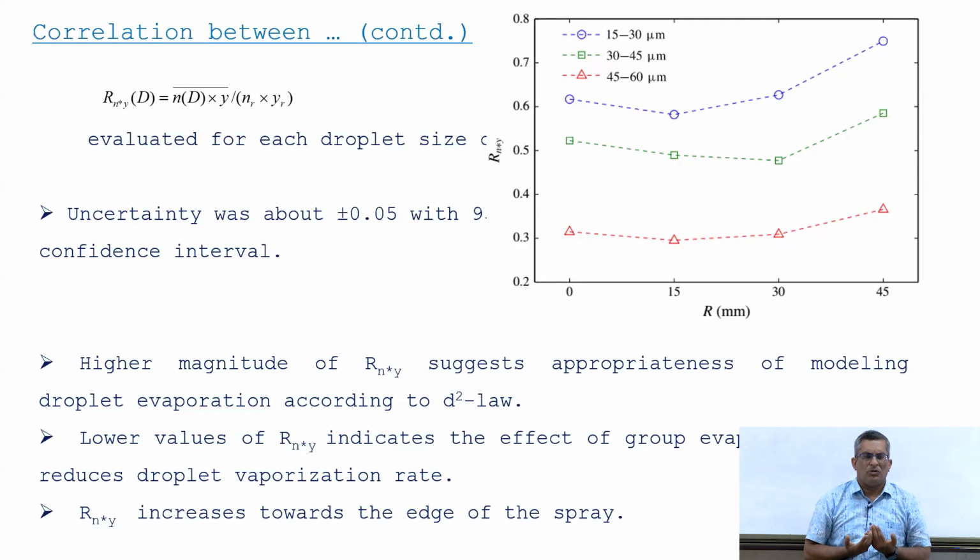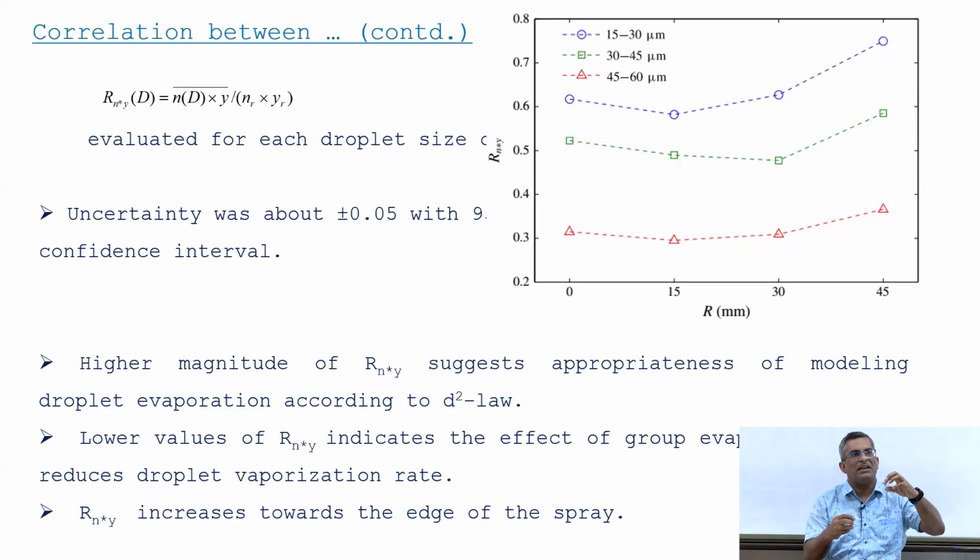Now, you can say, okay, why not? Why should the fluctuation in the number density not positively correlate with the fluctuation in the vapor? The reason behind this is the slip velocity between the droplet and the vapor.